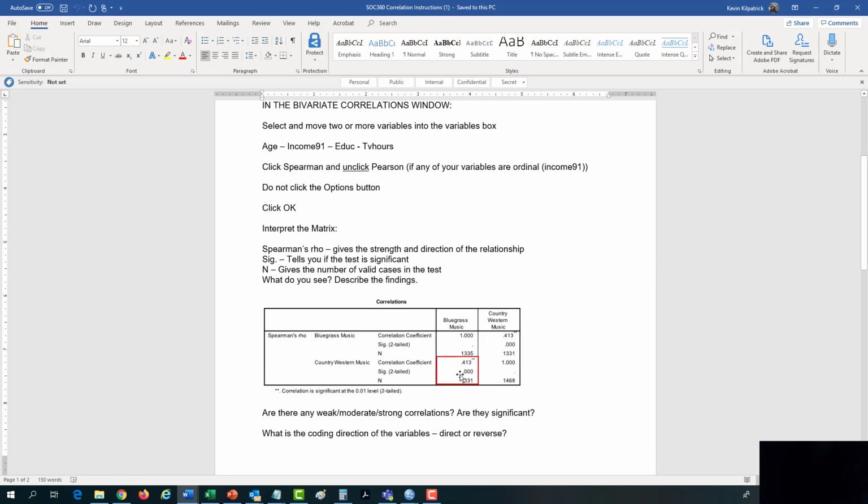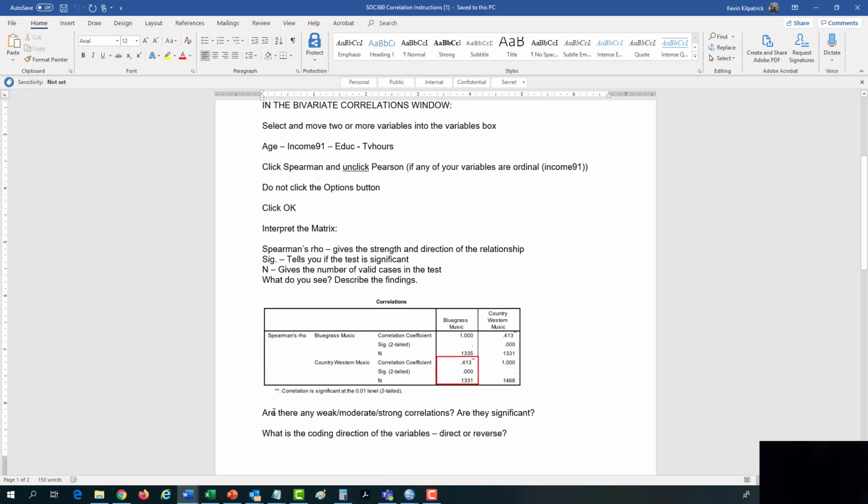Okay, so you have a moderate to strong coefficient of 0.413, and the significance number is definitely less than 0.05.